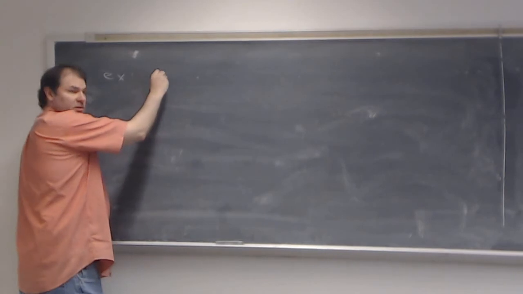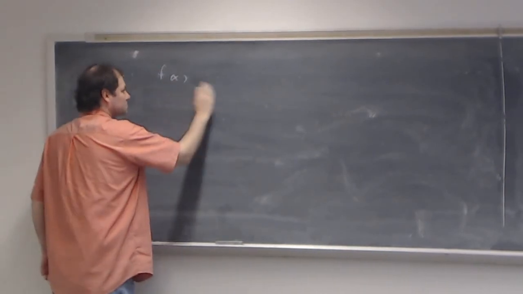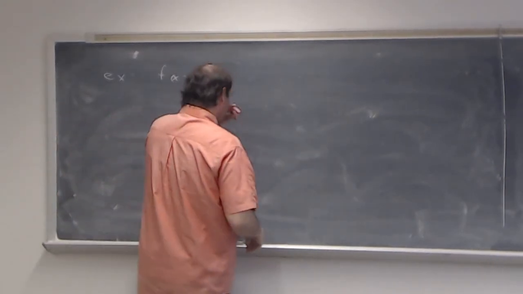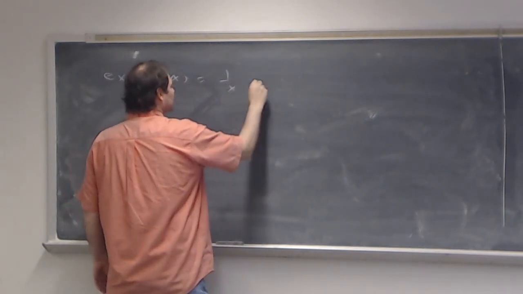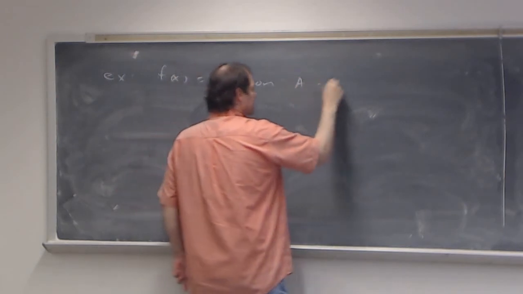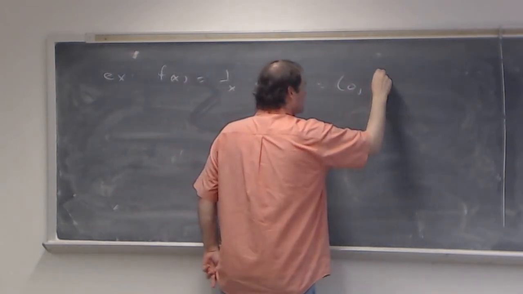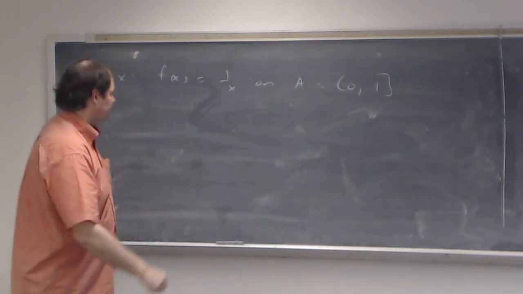Let's look at another example. So I already talked about this. If you look at f of x defined to be 1 over x on, so my A is from 0 to 1. Here's what it looks like.